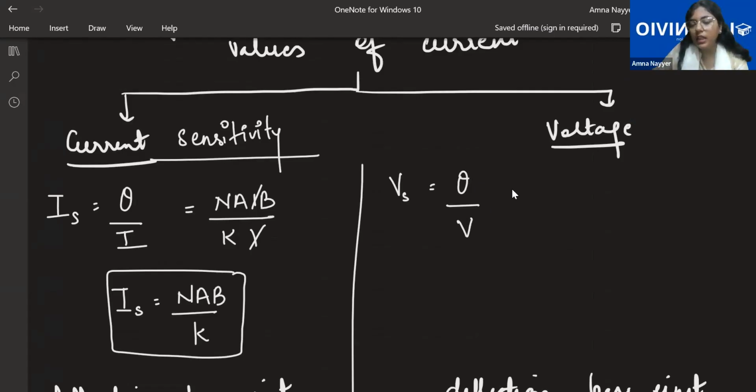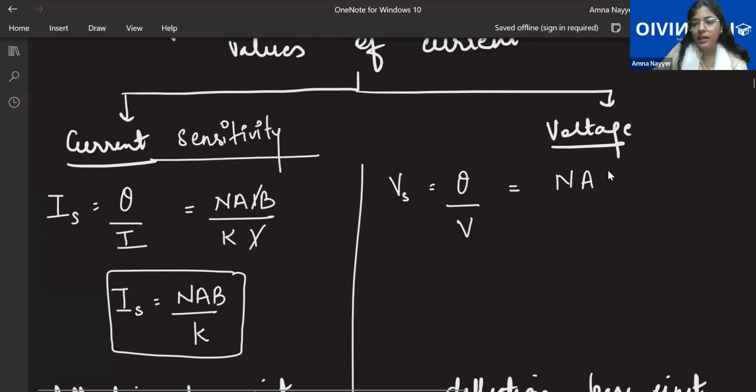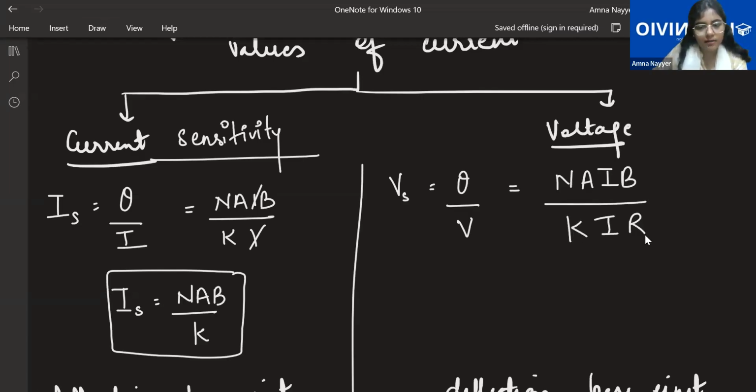Now look, theta is NAB divided by K times I, while voltage from Ohm's law is equal to I into R. I again gets cancelled. Voltage sensitivity's formula is NAB divided by K into R.